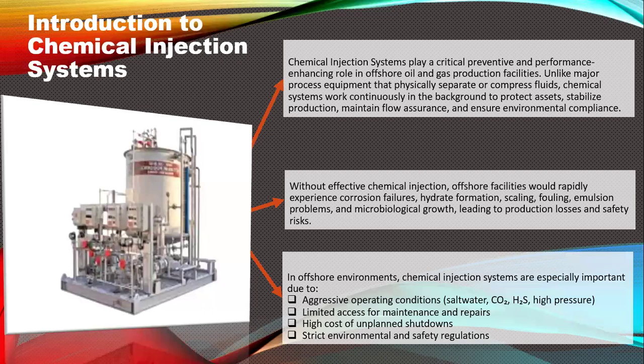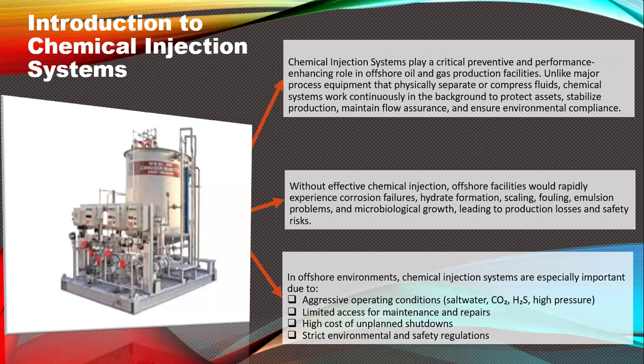Now, we have hydrate formation, scaling, fouling, emulsion problems, and microbial growth, leading to production losses and safety risk. So without this chemical injection, these are all the problems we'll be facing. We are not just talking about corrosion alone. We are talking about hydrate formation. We are talking about scaling. We are talking about emulsion problems, and then even microbial attack. So all these are things that chemical injection systems are trying to prevent and also to enhance the operations.